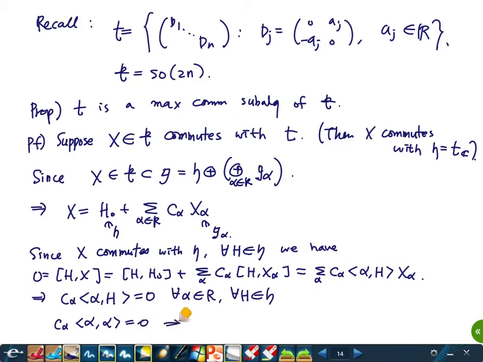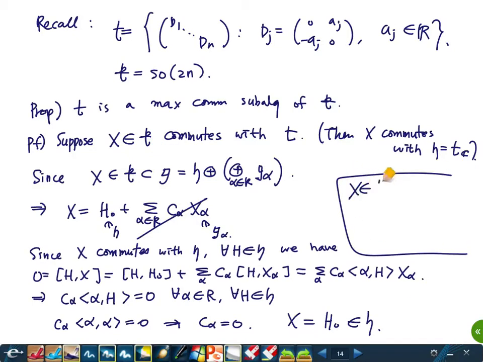Of course, then that means c_alpha is 0, because alpha is in H. That means there's nothing here. So X is really H0, which is in H. But now X was in K, so let me finish over here. Then X is in H intersect K, which is exactly T. So that's the proof. So T is maximal commutative.